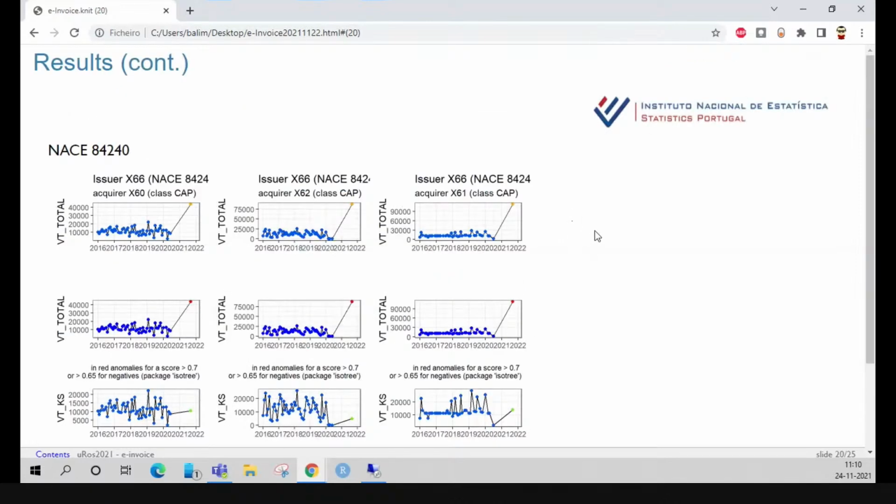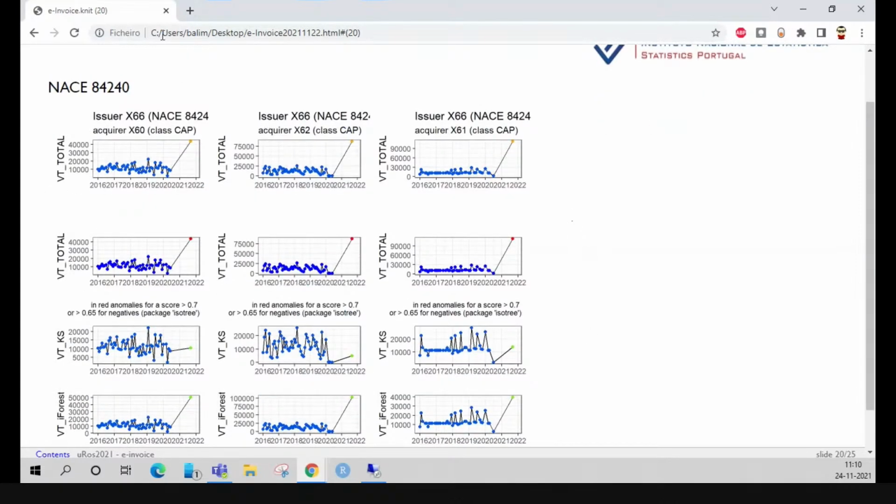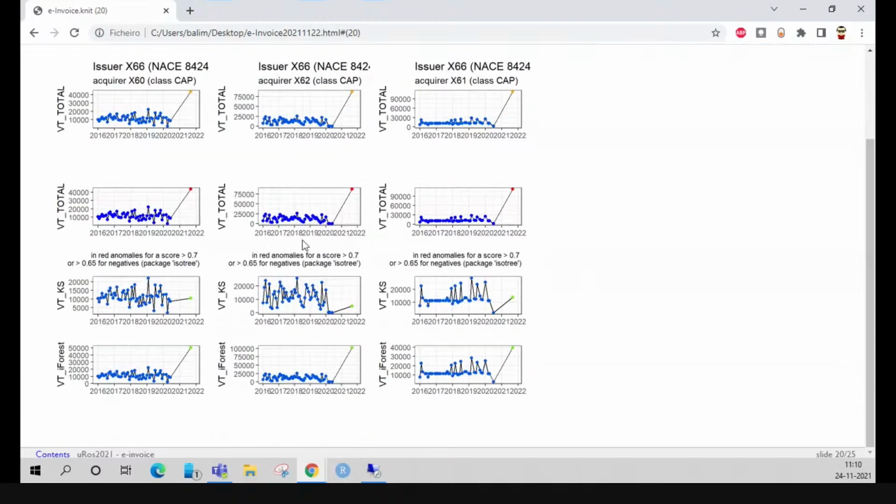And the last example, for this NAS, we found three time series at level pair with a contribution of 10%. When we identify the anomaly in the three time series, we found it, and the imputation is done here by Kalman smoothing and by isolation forest.